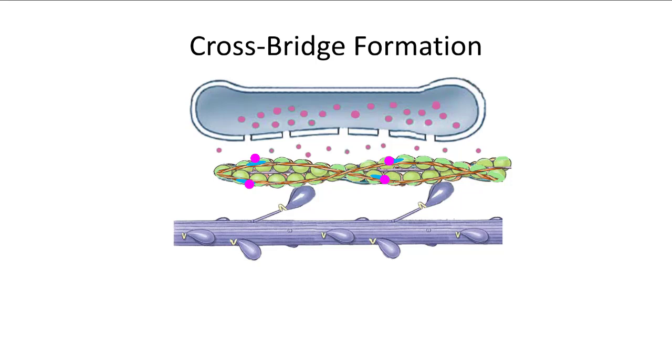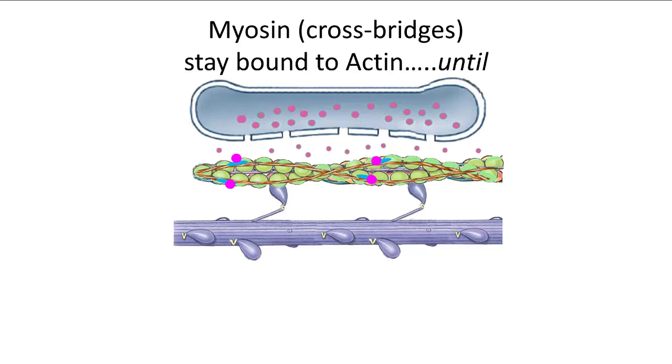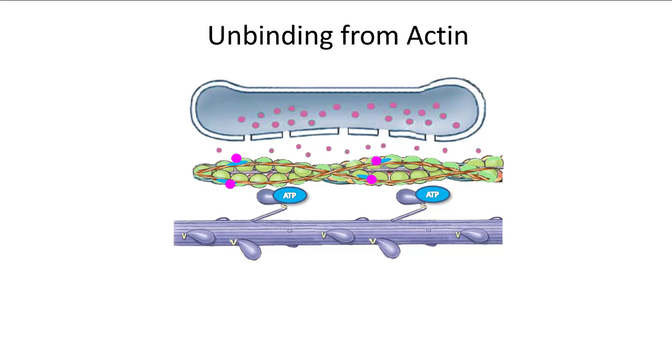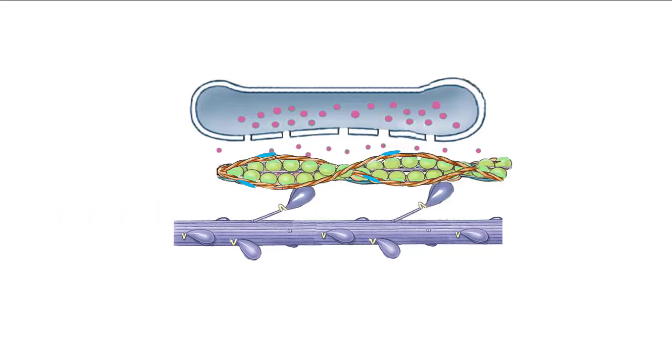The joining of myosin and actin is called a cross bridge. When the myosin head binds to actin, the cross bridge head will pivot, pulling actin over. This movement of actin is the contraction or muscle shortening process. Cross bridge heads detach and reset with ATP. This cycle will continue as long as calcium is bound to troponin.